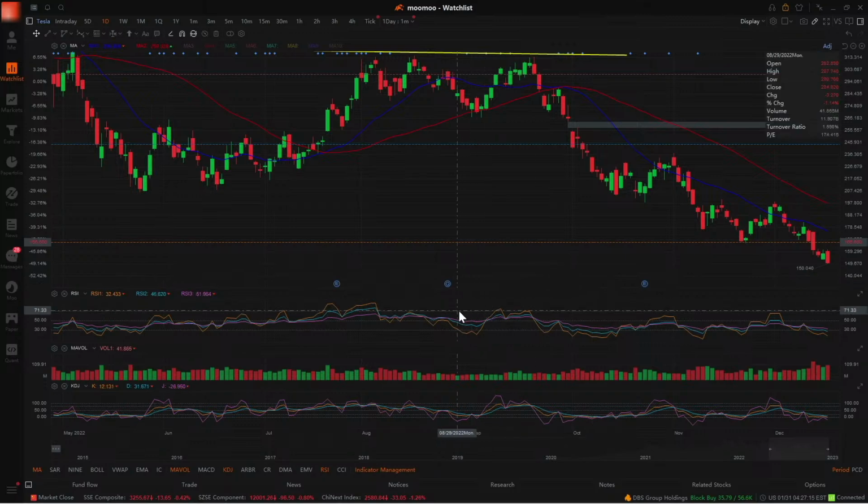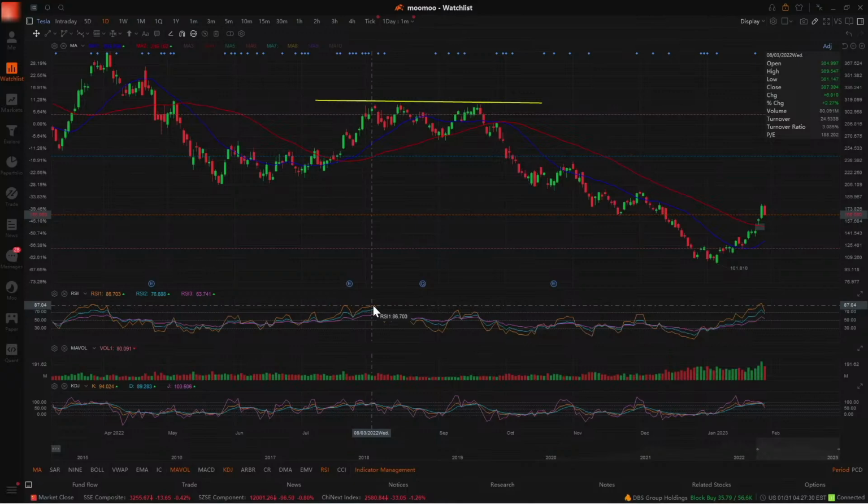When the RSI crosses above these 70 or 80 levels, depending on the parameter that you set, this shows that this counter is actually overbought. Above 70 could be overbought, and below 30 could be considered oversold.